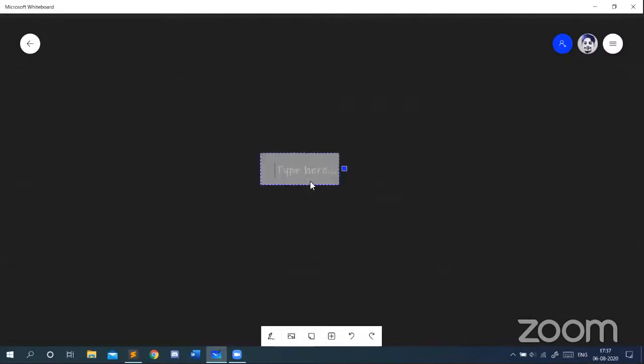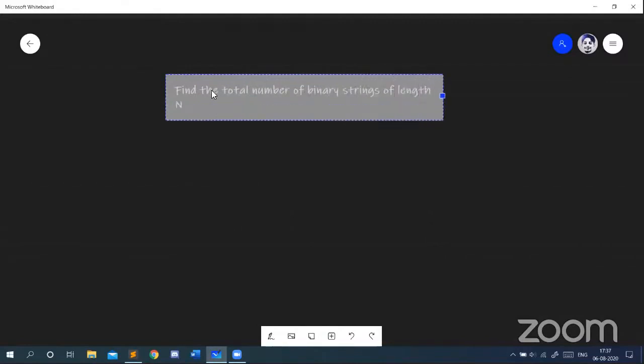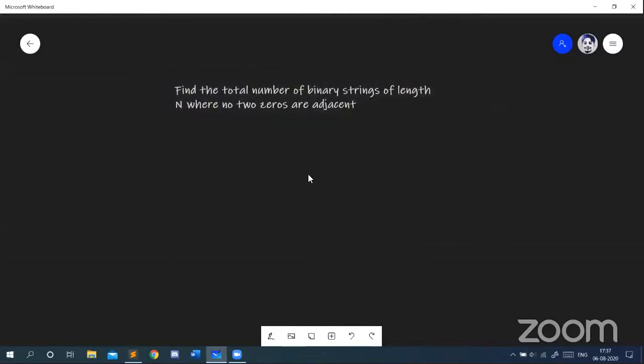The idea is that let me just take one problem as an example: find the total number of binary strings of length n where no two zeros are adjacent.